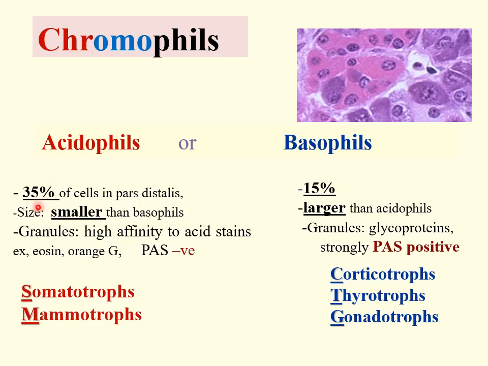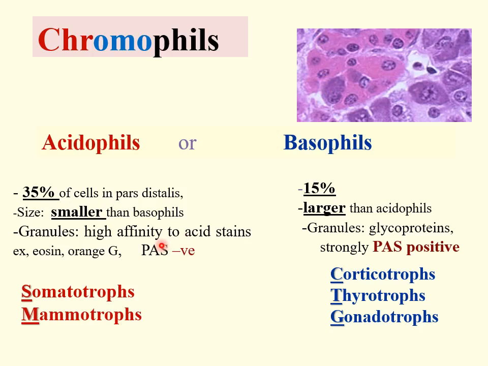They are more in number but smaller in size, and the basophils are less in number but larger in size than acidophils.